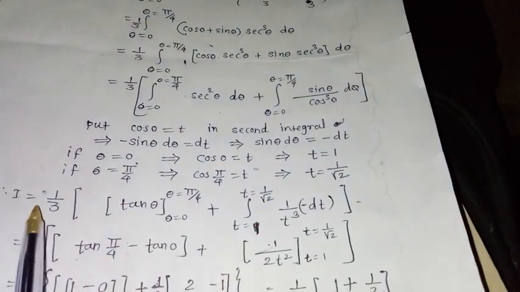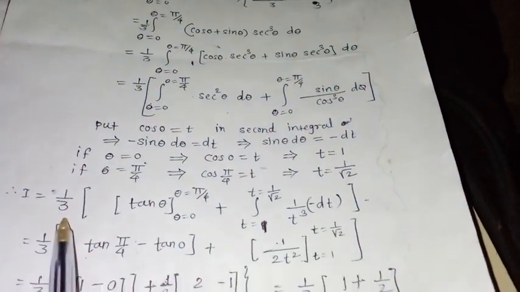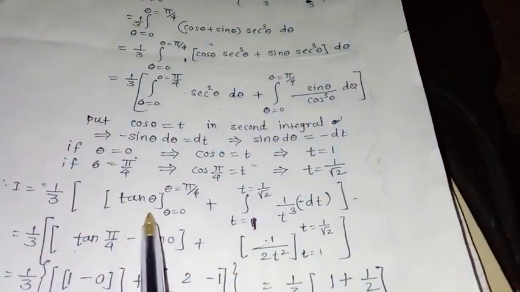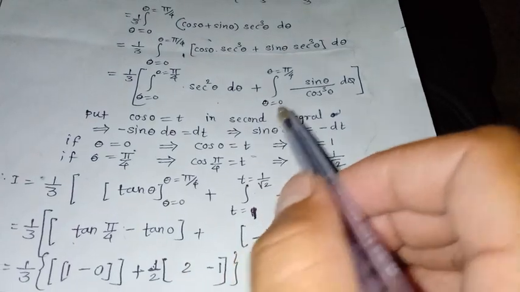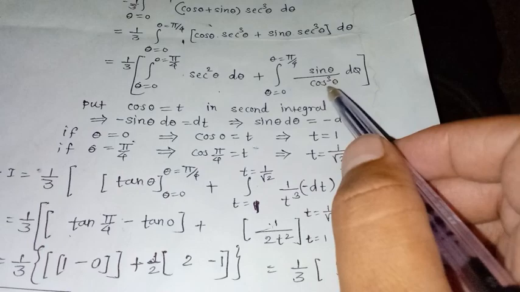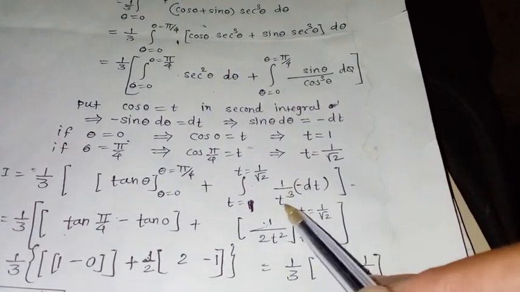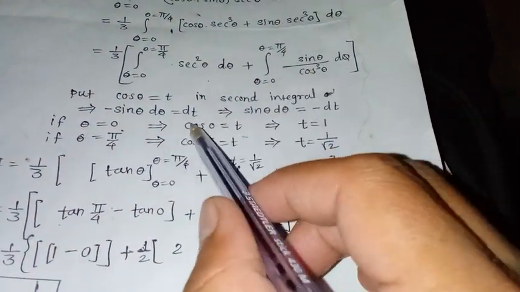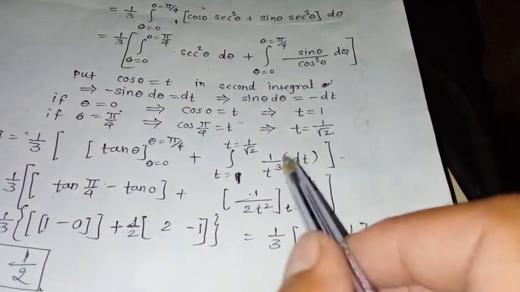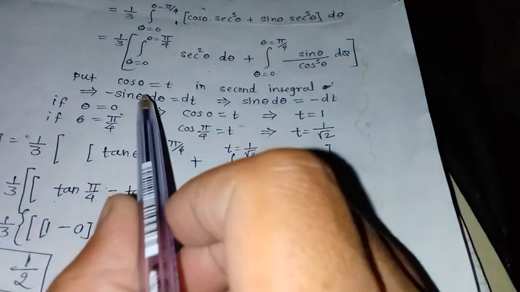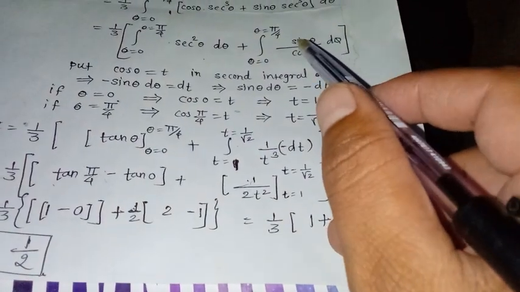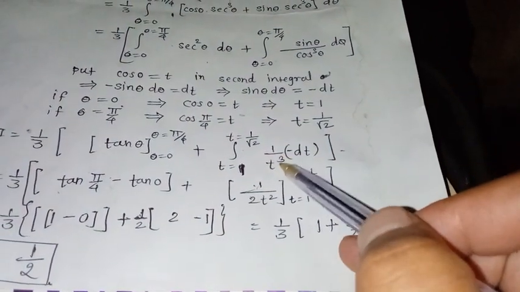Now in the next step we are taking this 1 by 3 as it is. This first integral, that is integration of sec square theta, is nothing but tan theta, and by using this substitution, we are taking the other integral as 1 by t cube, that is the value of sin theta d theta is nothing but minus dt, that I am writing here, and we are putting cos theta equals t, therefore this term I can write as 1 upon cos cube, which is nothing but 1 upon t cube.